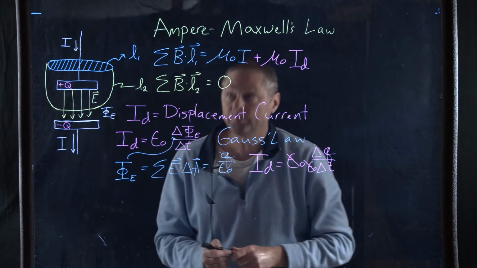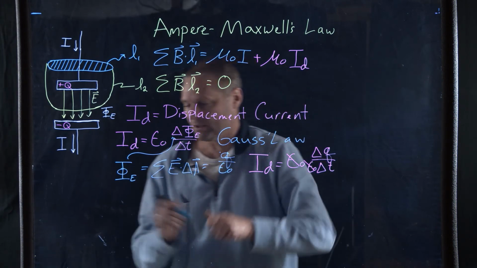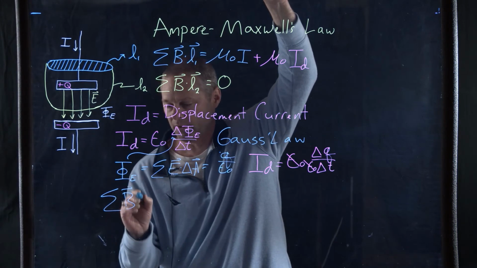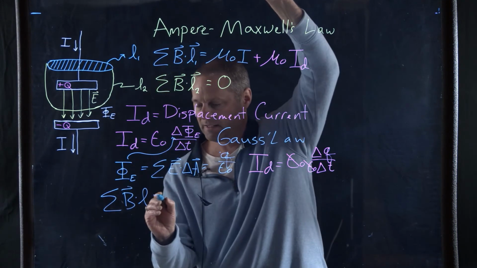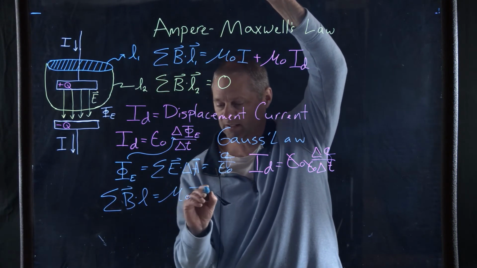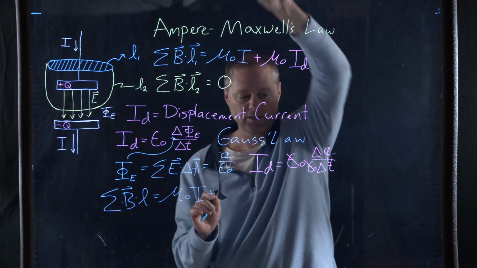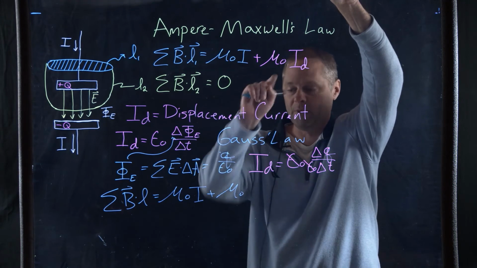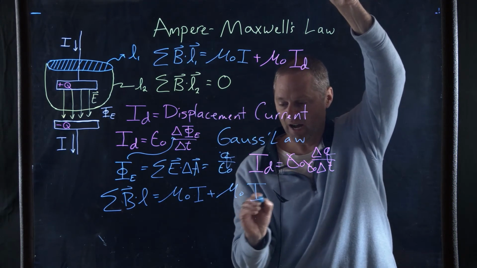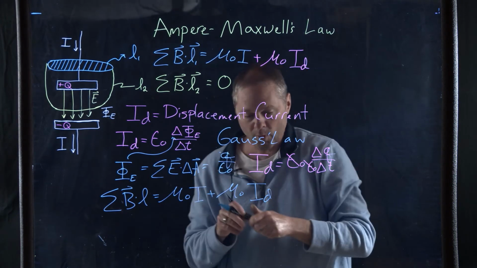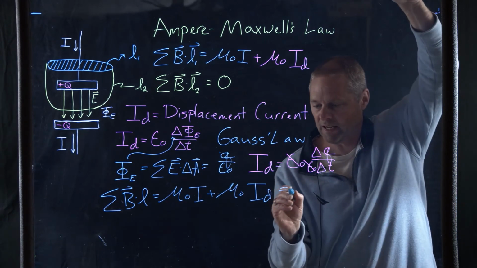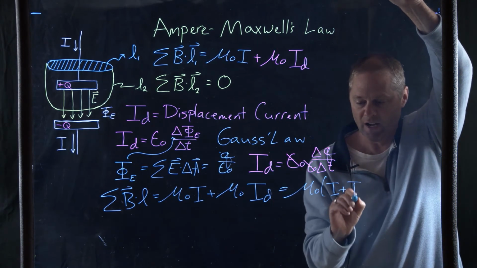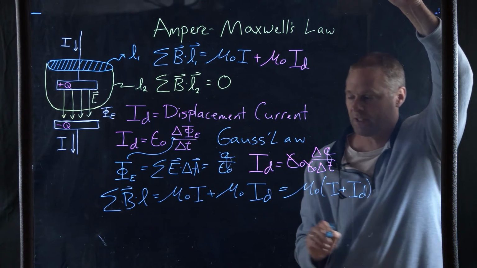So now Ampere's law becomes, as I have written up there, B dot dL is equal to mu naught I plus, now we have the mu naught from up here, and then our I_D. Or we can say this is equal to mu naught times I plus I_D, the displacement current.